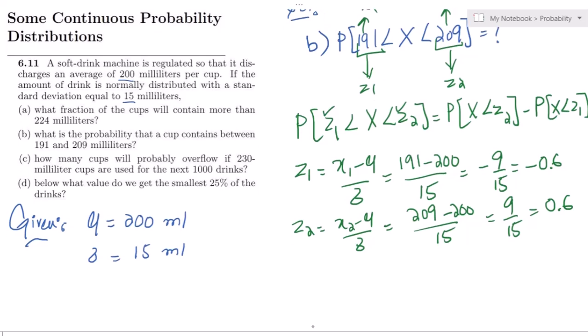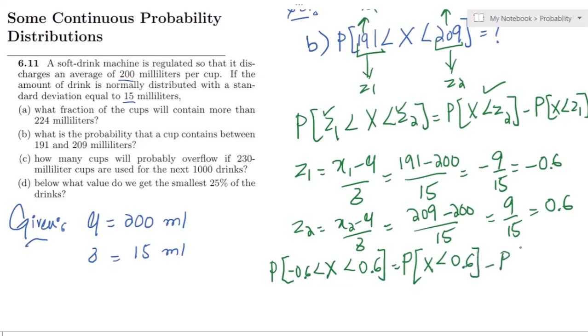So we want the probability that z is greater than minus 0.6 and less than 0.6. Using the same formula, we find the probability that z is less than 0.6 minus the probability that z is less than minus 0.6. Let me find these values from the z table.